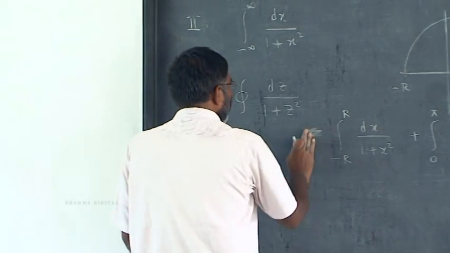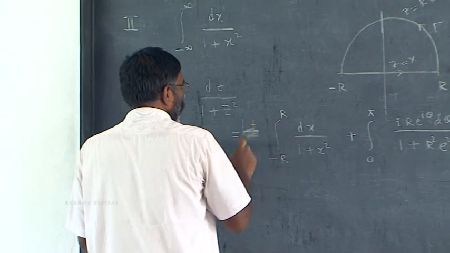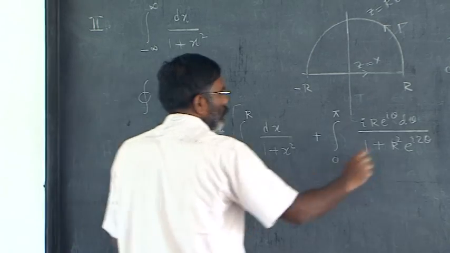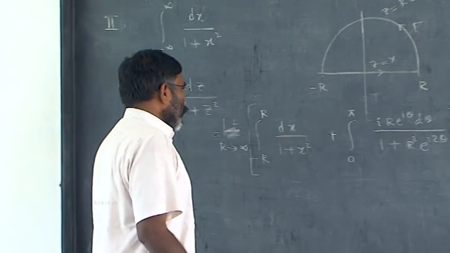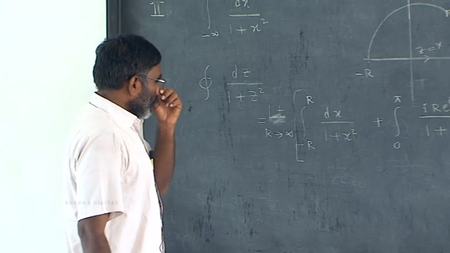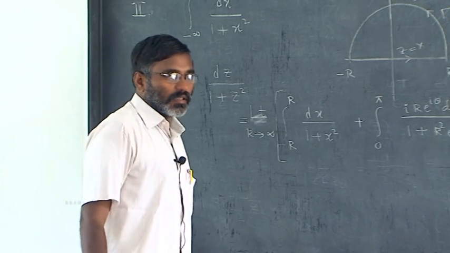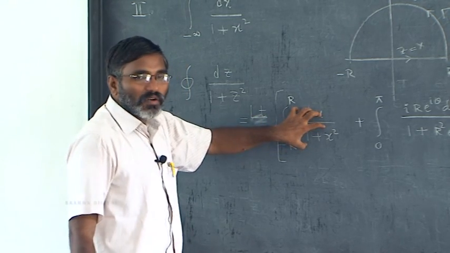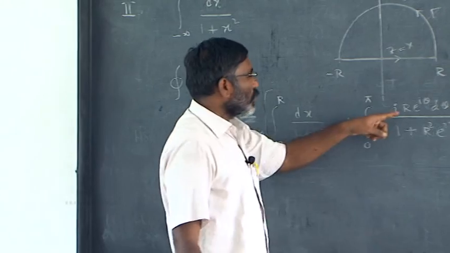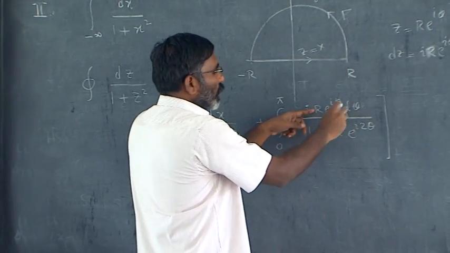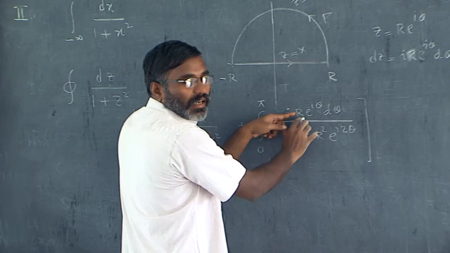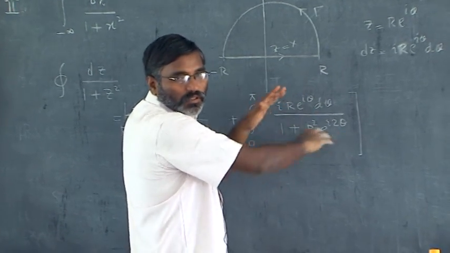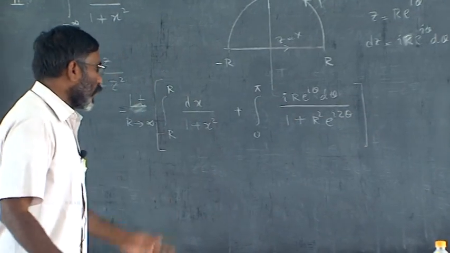Now I have to evaluate this in the limit r tending to infinity. Now in the right hand side, as r goes to infinity, this becomes the required integral, and as r goes to infinity, numerator goes like r, this is bounded, numerator goes like r, denominator goes like r square, so whole thing will go like 1 by r, so this will go to 0 in the limit r tending to infinity.